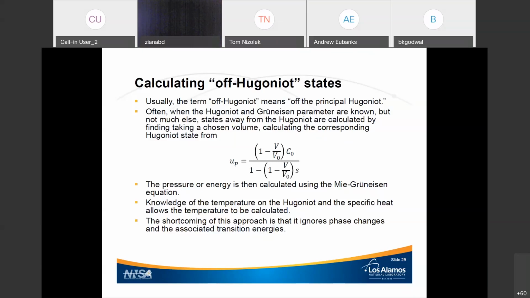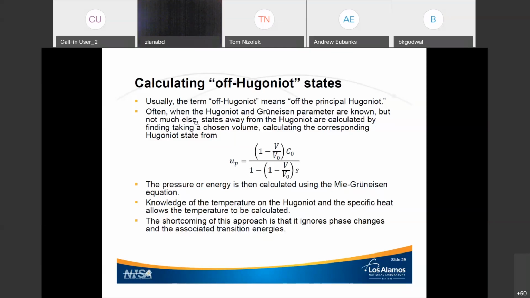So if I take a piece of magnesium or something and I shock it when it's at room temperature and room pressure or zero pressure, like I said, they're practically the same, and it wasn't porous or anything weird like that, the Hugoniot that shock wave puts it on is the principal Hugoniot.